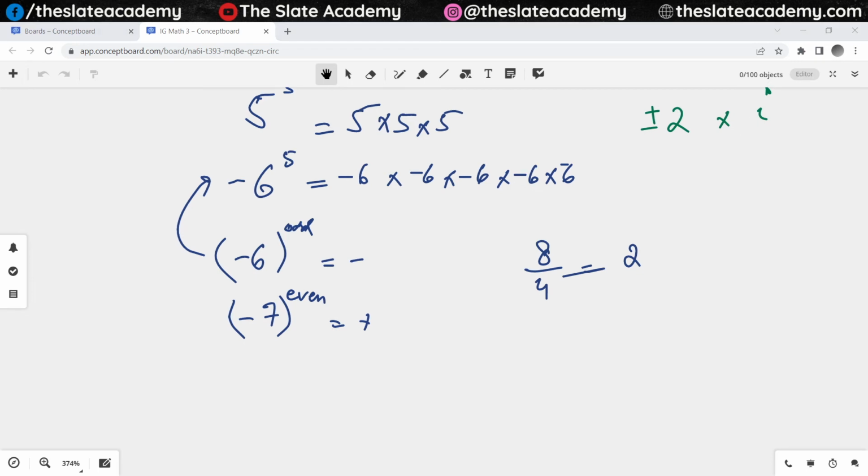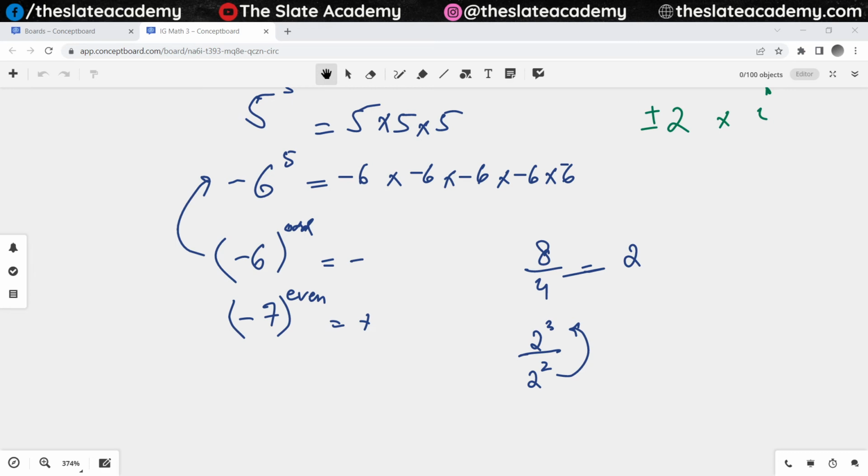8 is the same as writing 2 to the power 3, right? 4 is the same as writing 2 to the power 2. In a fraction, when there is something in the denominator and I move it to the numerator, its power becomes negative as it goes up.